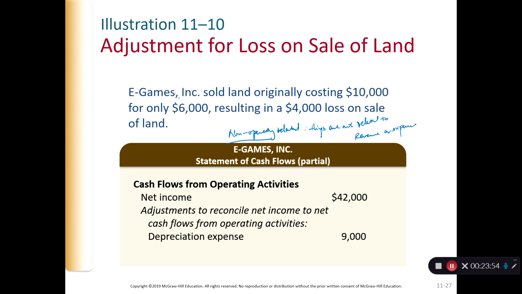So if E-Games says they sold the land, originally costing $10,000, for only $6,000, resulting in a $4,000 loss on the sale of land, this is not their operating activity, right? Hence this item has to be taken out. So as I said, reverse the loss. Therefore, you're going to add in the loss of $4,000.